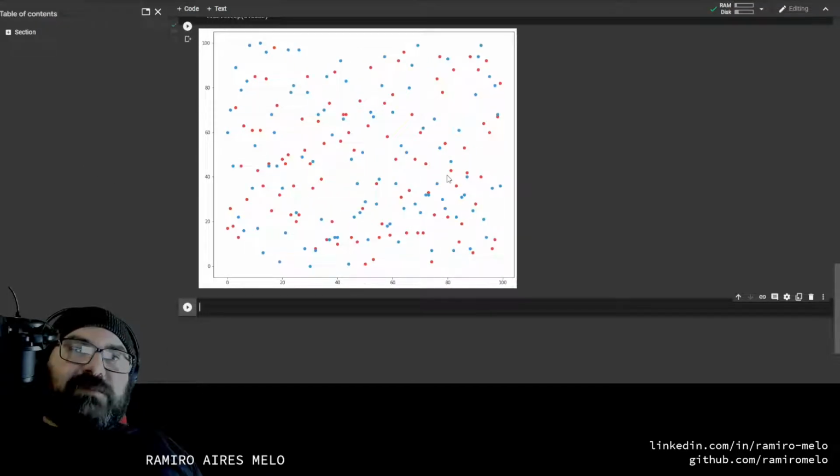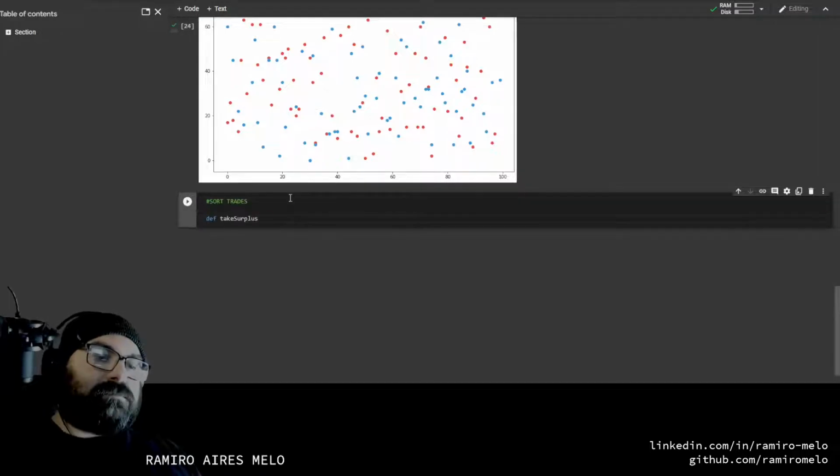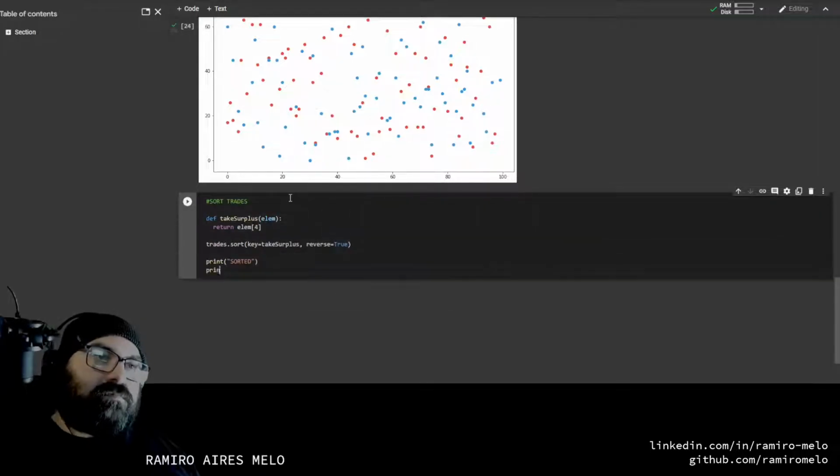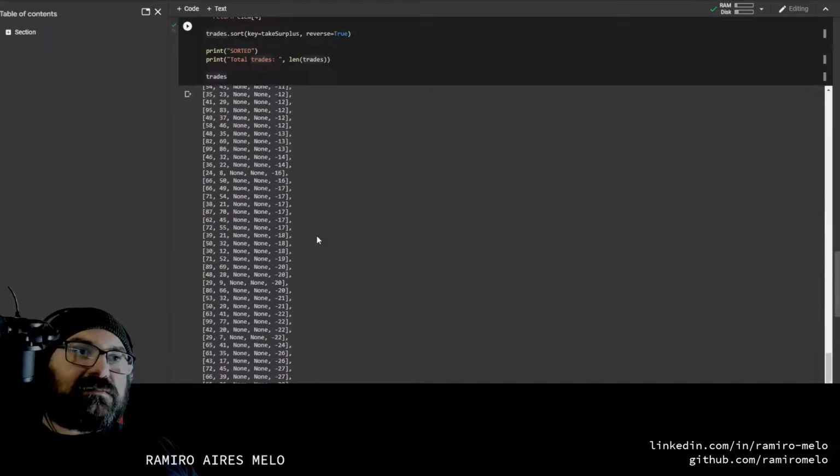Of course, this representation is chaotic and hard to understand. So let's try a different approach. Let's sort all interactions by the surplus, okay? Now we have the same results, but now sorted by the surplus.